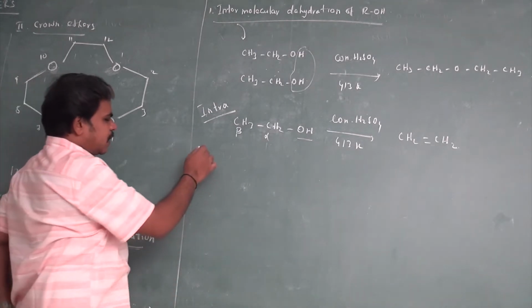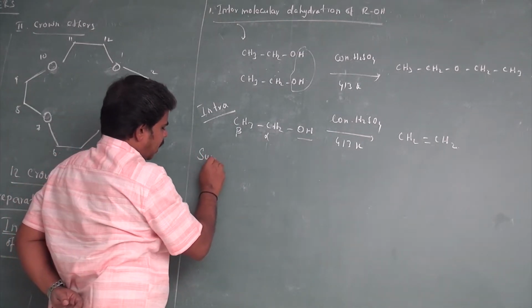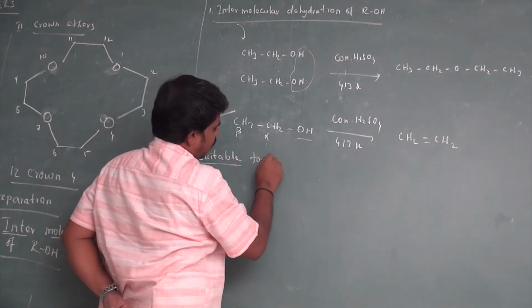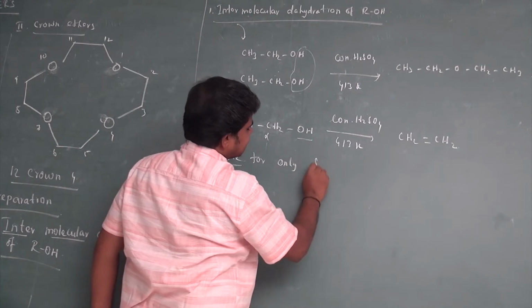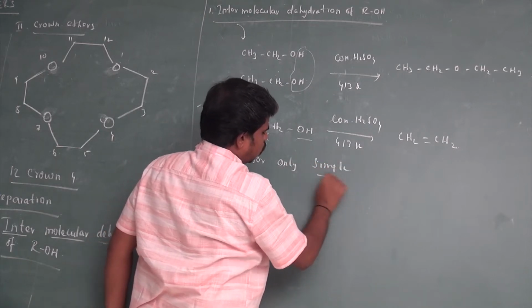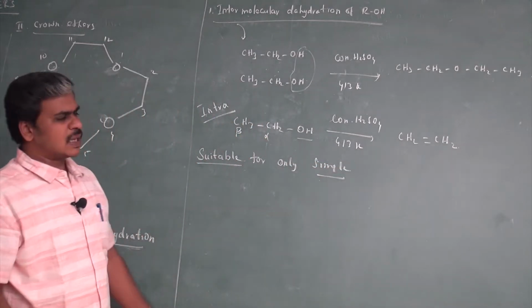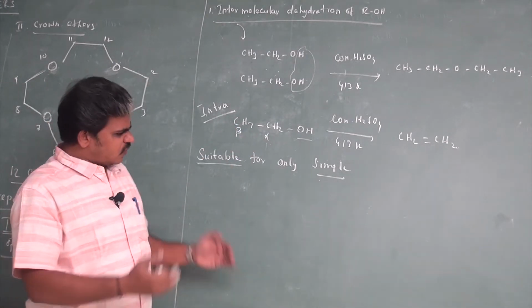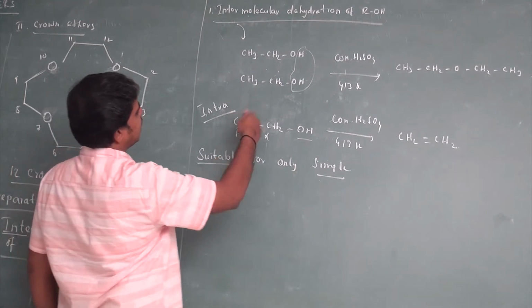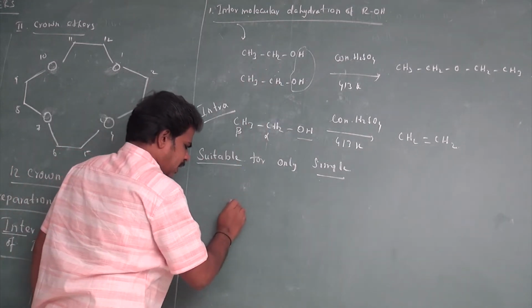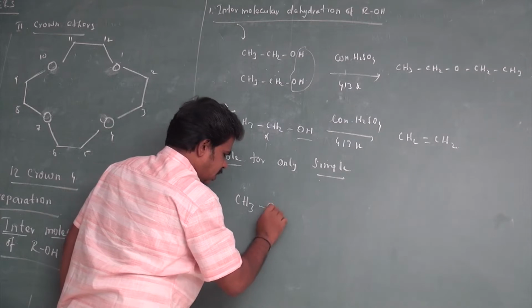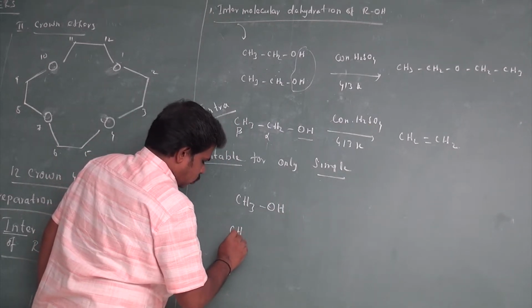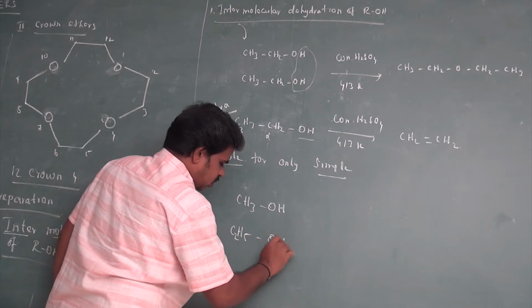Now this method is suitable for only simple ethers. What do you mean by simple ethers? That is, the alkyl groups are the same. What if we are taking mixed ethers? We are taking here CH3OH and C2H5OH.